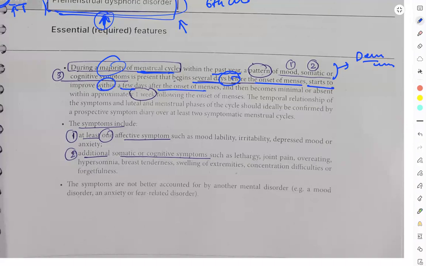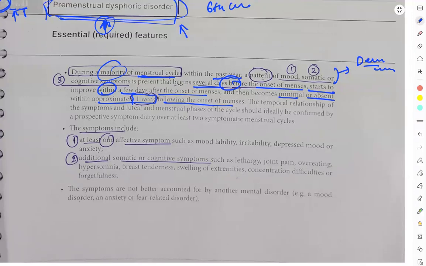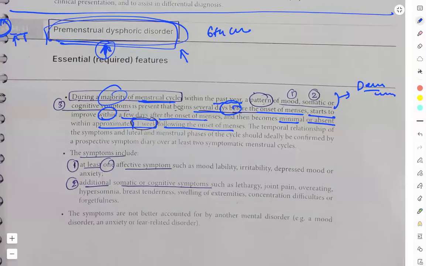And then they are minimal or absent within approximately 1 week following the onset of menses. This is when you diagnose the patient as having premenstrual dysphoric disorder.